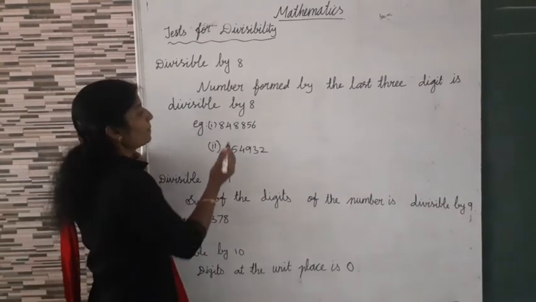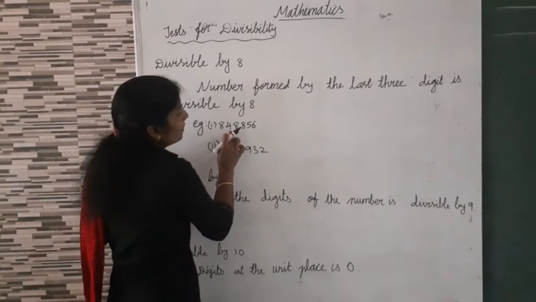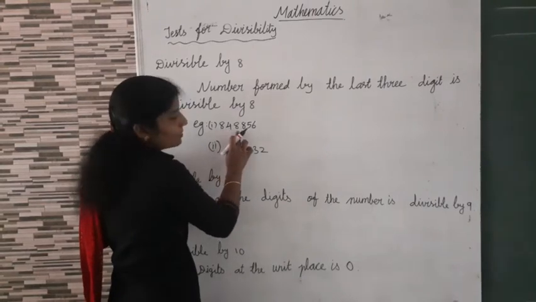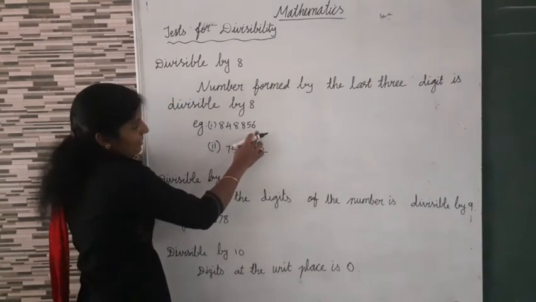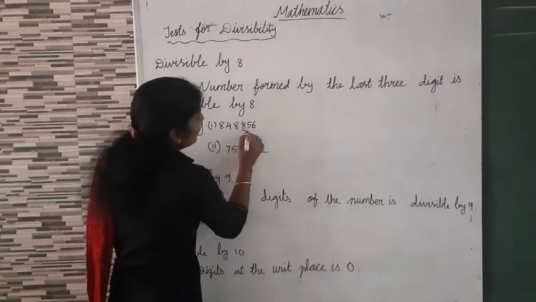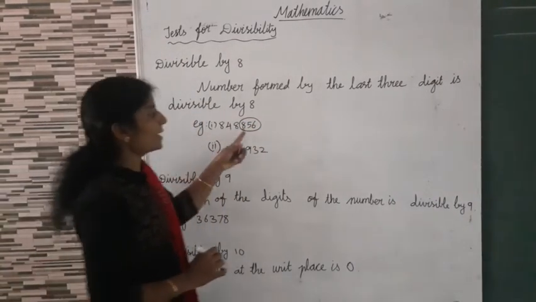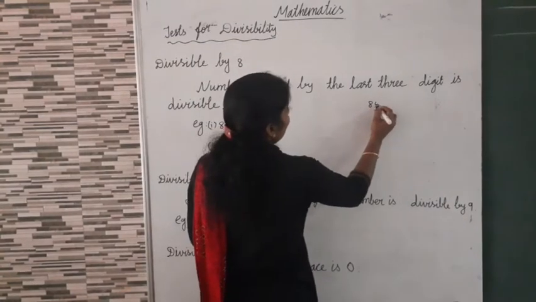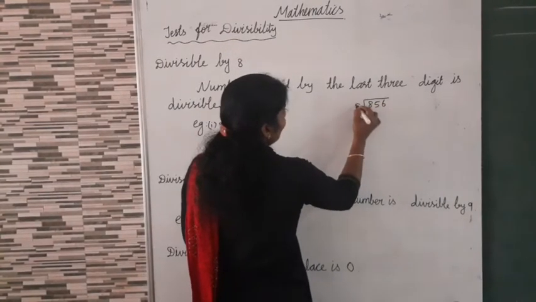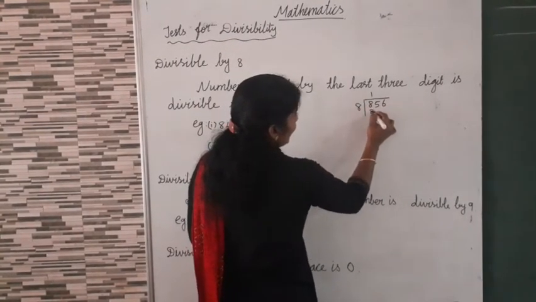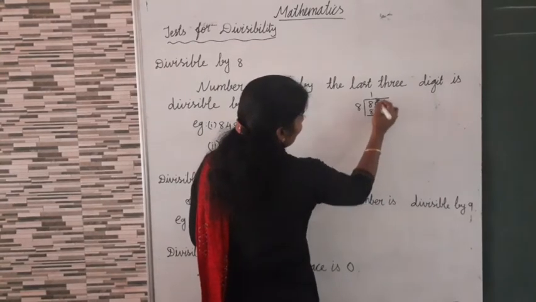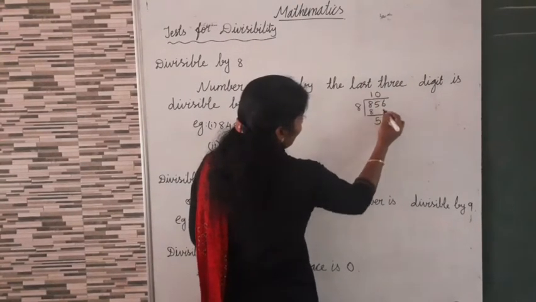For example, here 8,48,856. Here the last 3 digits are 856. Now we can say 856 is divided by 8. 1 8 is 8. Then 5 is not in the 8 table, so we can add 0.